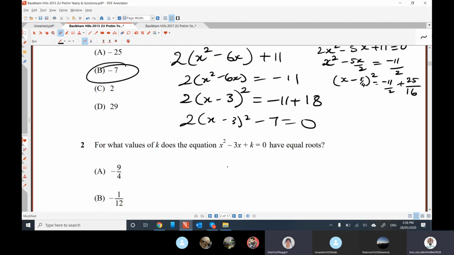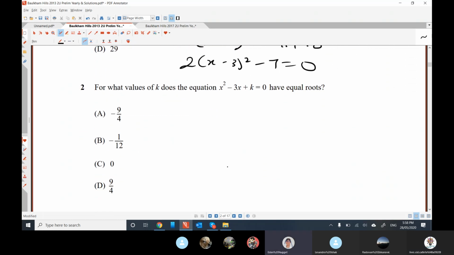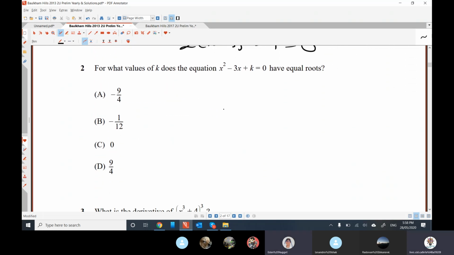Try one more, because this looks like it's exactly the one that we just did. For what values of k does this equation have equal roots? What do we do? Equal roots. What equals 0? x equals 0?